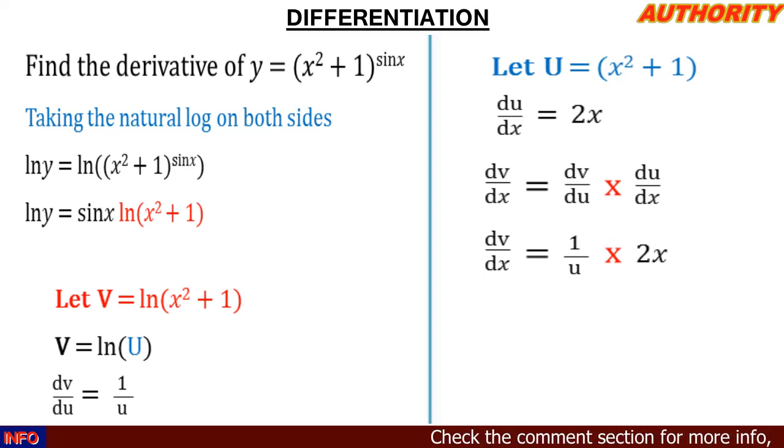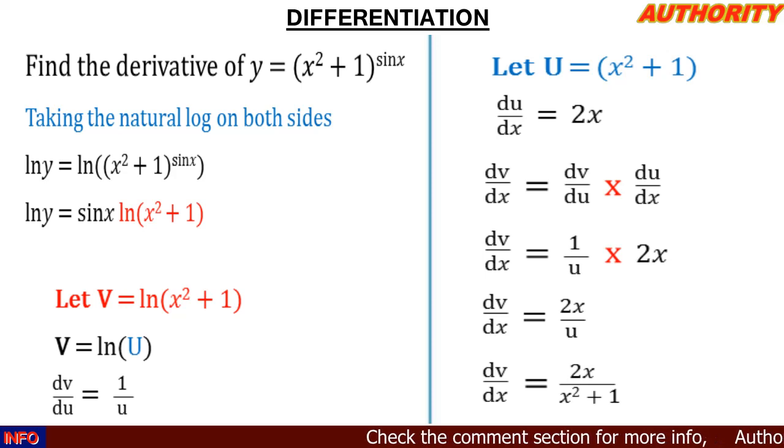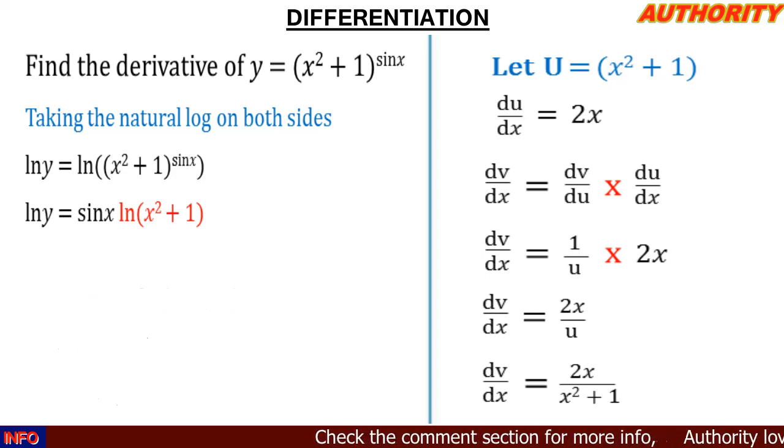Multiplying this together gives us 2x all over u. But you recall that u is x squared plus 1, so let's replace it. dv dx is equal to 2x all over x squared plus 1. So the derivative of ln (x squared plus 1) is 2x all over x squared plus 1.